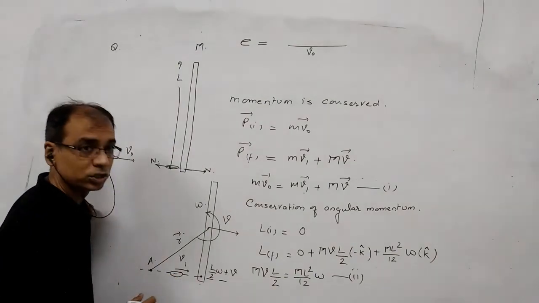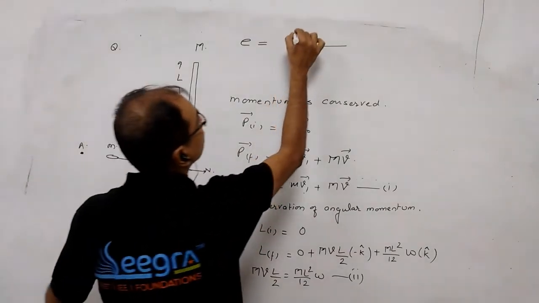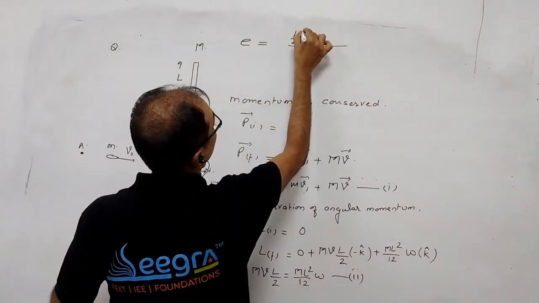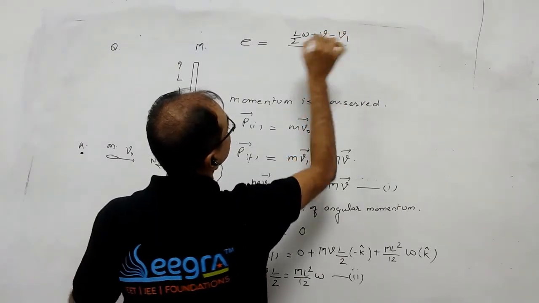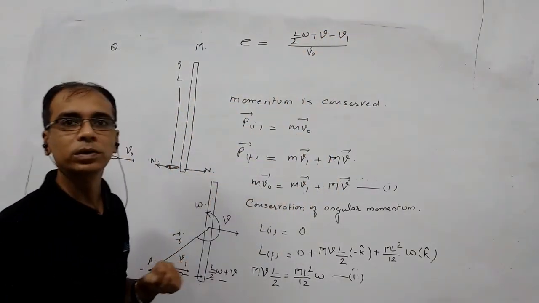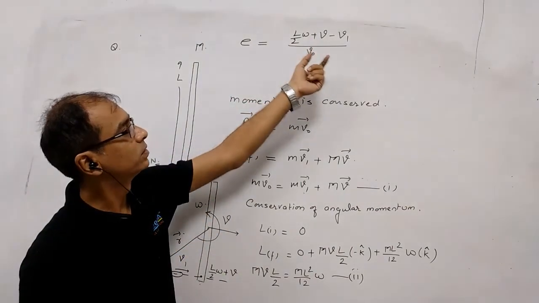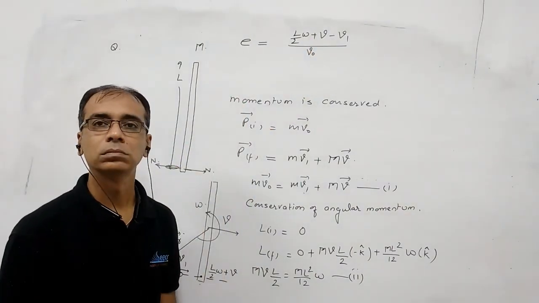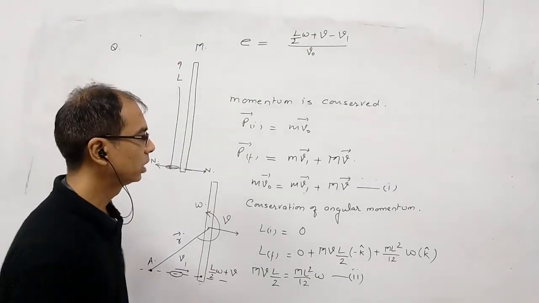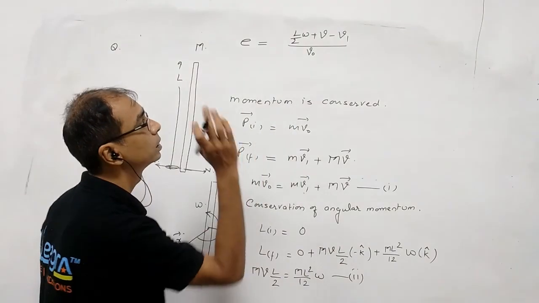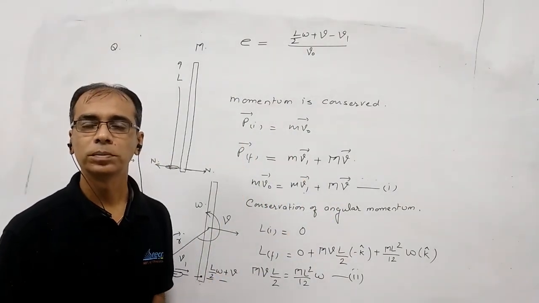So velocity of separation is this minus this: L by 2 omega plus V minus V1. Are you able to understand that? e equals L by 2 omega plus V minus V1, by V0. That's it. 3 equations: 1, 2, 3. Whatever we want, we can find without any problem.